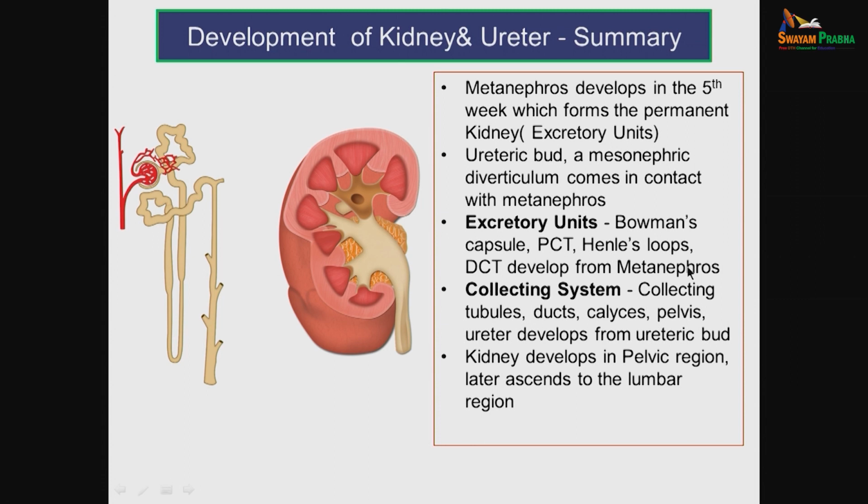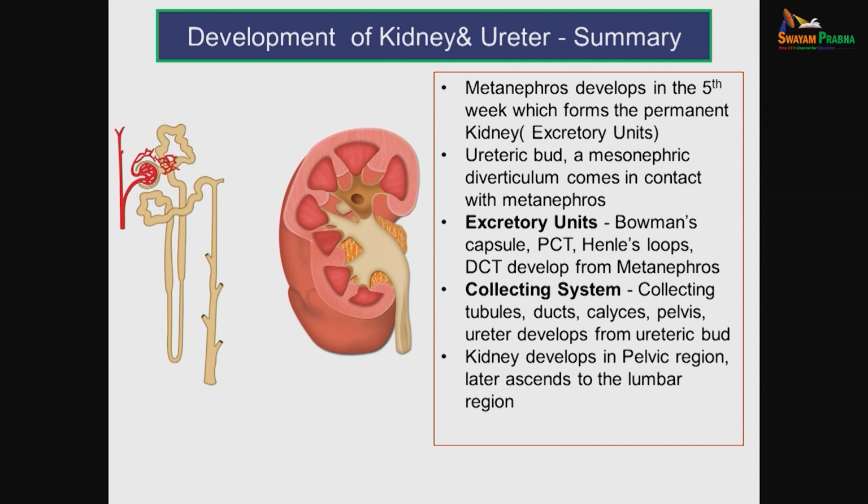We also talked about the ureteric bud, which is nothing but a mesonephric diverticulum which comes in contact with the metanephros. Once the ureteric bud comes in contact with the metanephros, it induces the metanephros to form the excretory units. The ureteric bud itself gives rise to the collecting system of the kidney, that is collecting tubules, the ducts, the calyces, pelvis and the ureter.